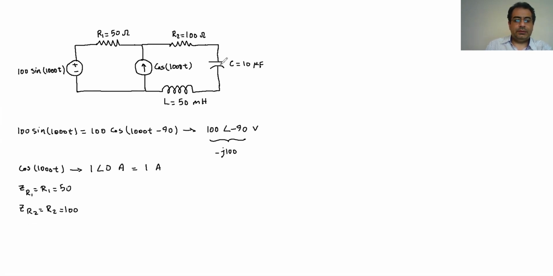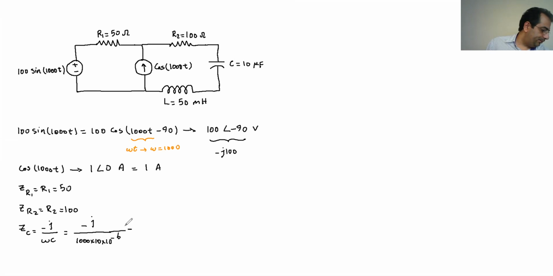Then I have Z for the C, which is negative j over omega C, which is negative j divided by omega C. This is the omega t, therefore the omega is 1000, times the C, which is 10 microfarad.